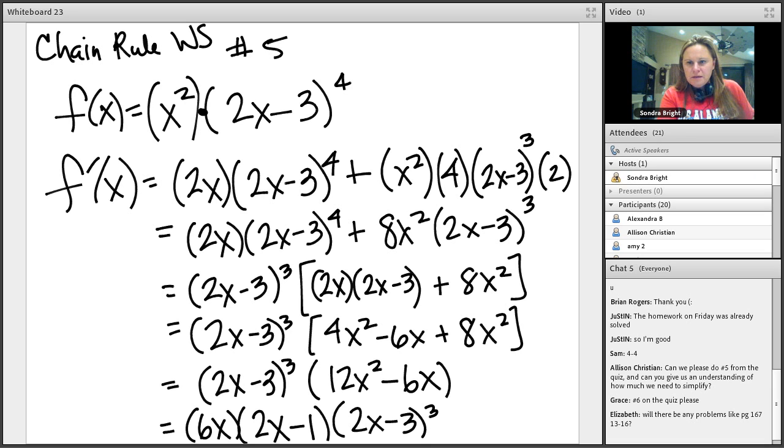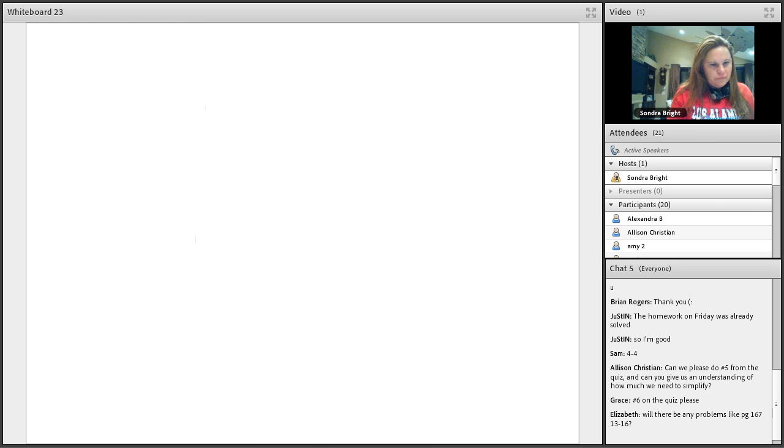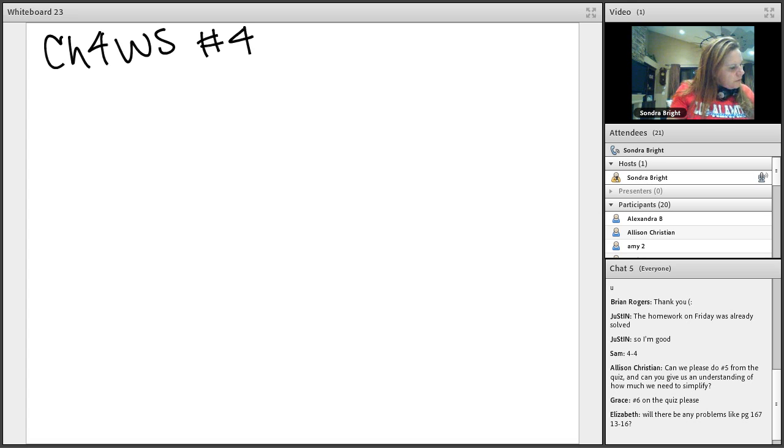All right, number 4 on the chapter 4 worksheet. All right. What do they want? Okay, suppose that the functions f and g and their derivatives with respect to x have the following values.